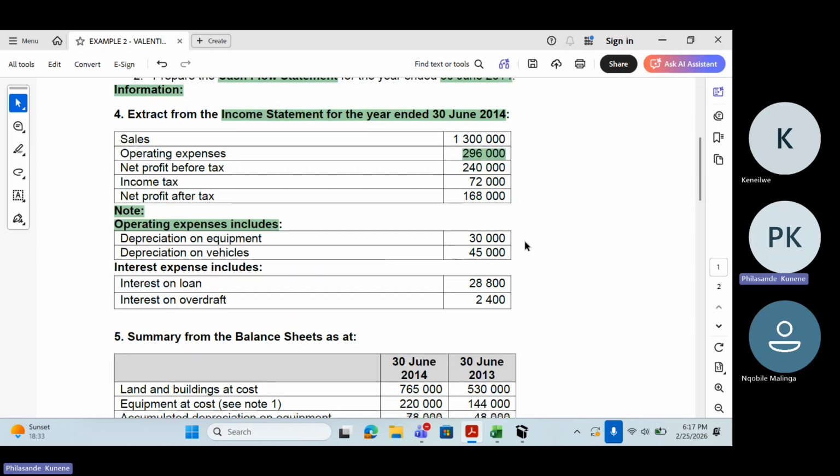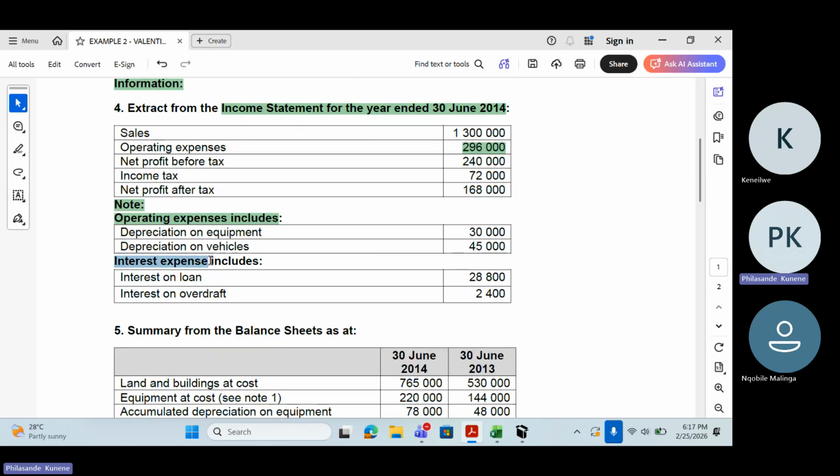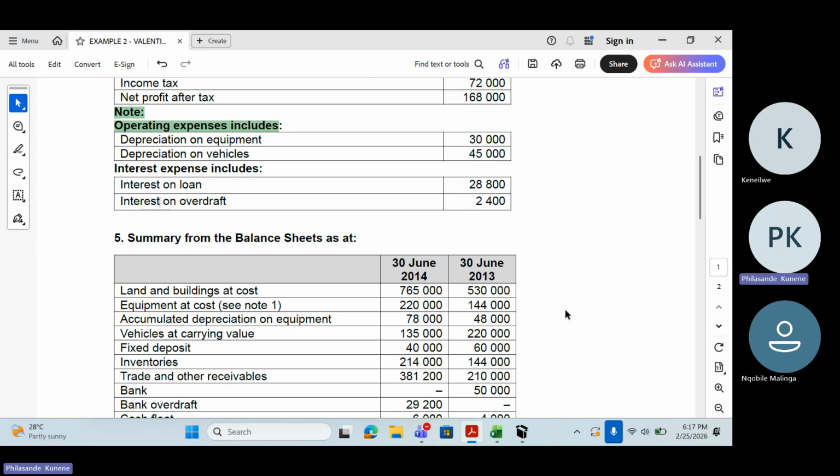So we're going to use that information. Then interest expense includes interest on loan for 28,800, and then interest on overdraft for 2,400 rands. So this is what is included in the interest expense.